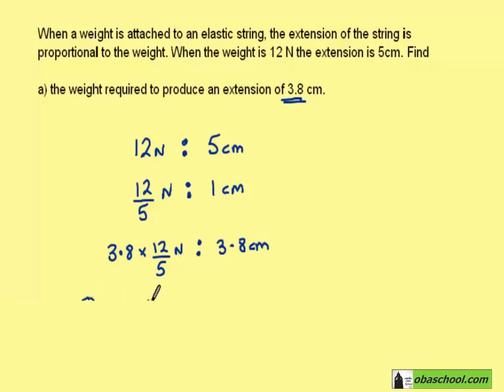Calculating this gives us that 9.12 newtons would produce an extension of 3.8 centimeters.